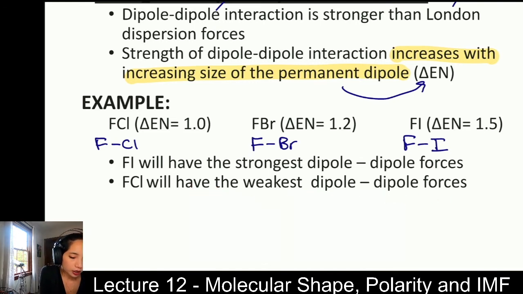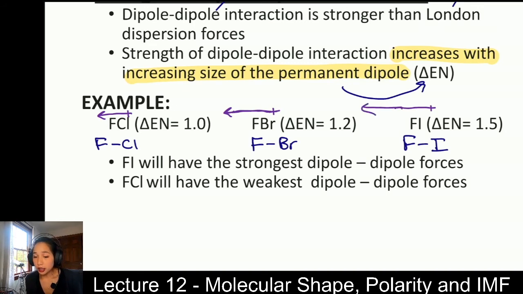So essentially, you can think that the dipole arrow for fluorine monochloride is smaller, while fluorine monobromide will be a little bit bigger. I'm just going to exaggerate it. Right, it'll be a little bit bigger because our difference is slightly bigger. It's 1 to 1.2. And then finally, fluorine monoiodide will have the biggest dipole arrow because it has the largest electronegativity difference between the two atoms.